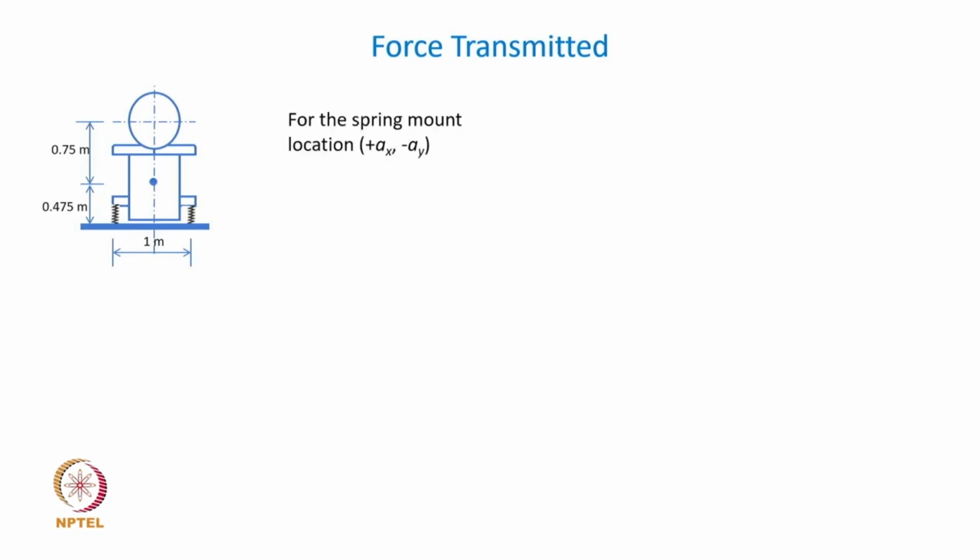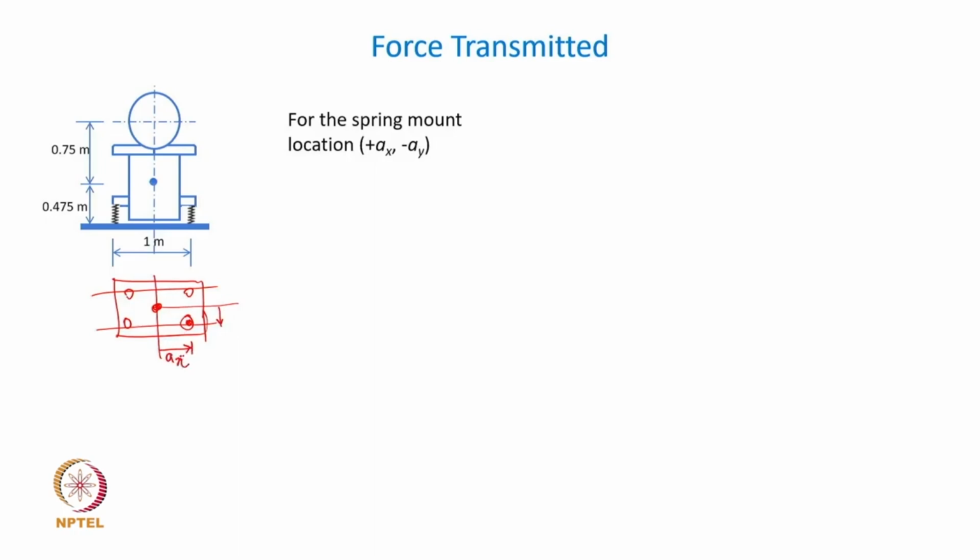So, if we focus on one of the mounts, so obviously this concrete block is supported at the four corners. So, you can refer to the figure that we discussed in the previous slides. And so, if G is located here, this is the plan view of course, and so this position of the spring would be this distance which is AZ and this distance which is AX.